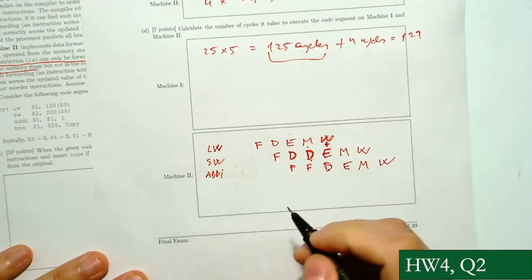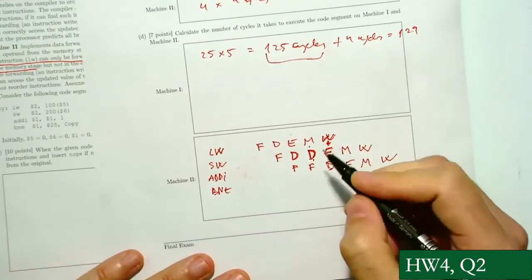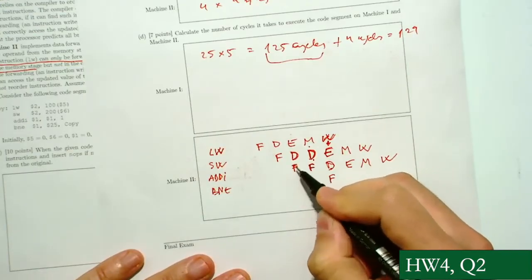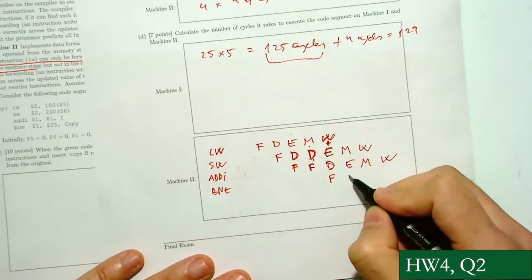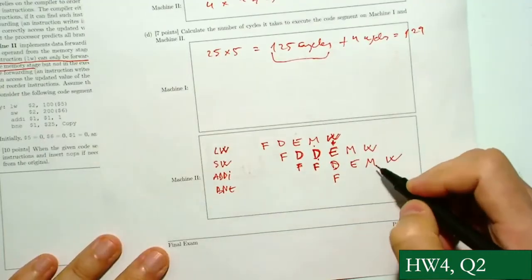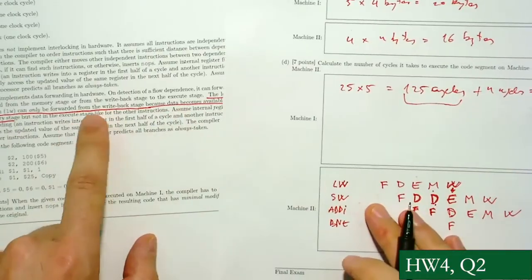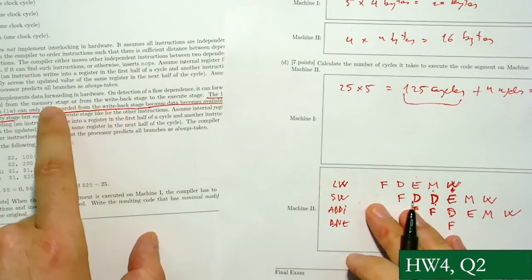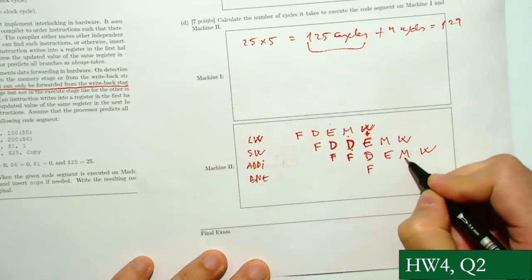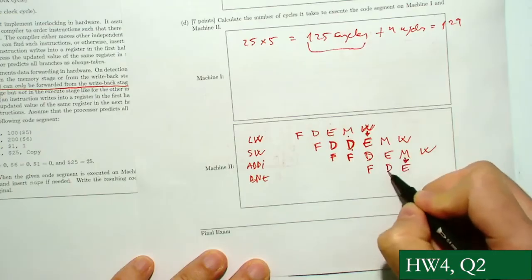And then the last instruction is the branch. So the branch can only be fetched in this stage because this is occupied by the previous instruction. So here we have a dependency. In these dependencies, we can forward from the memory stage in this case because this is not a load instruction. So here we can forward data from here to the execution stage, right? So we don't need to wait in this case.